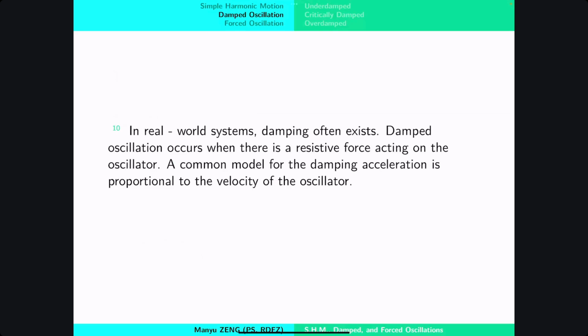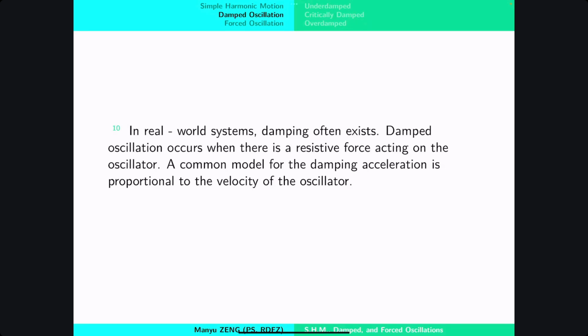When you move in the air it gives you a drag, and when you move in the water it also gives a drag. When you try to push a thing that is on the table, it gives a friction, right? So these are dampings. The damping forces are non-conservative forces.